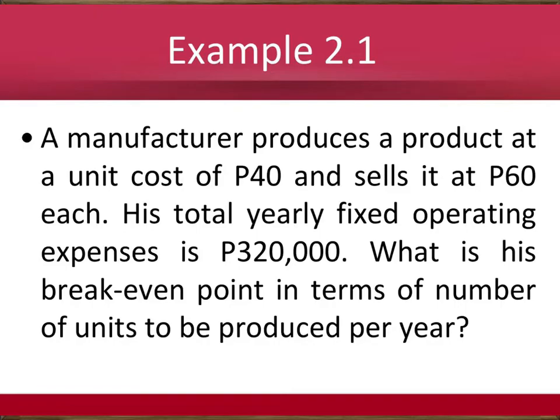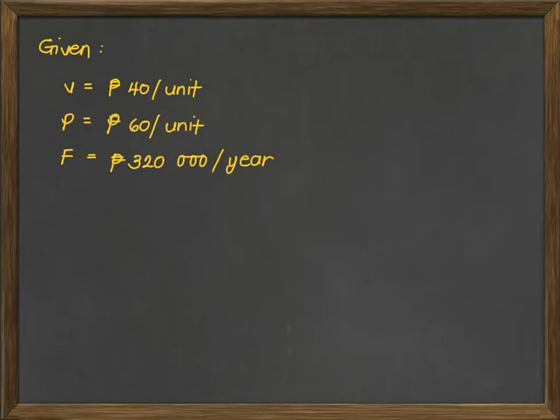Now, for our solution, we have the given information again that your variable cost is 40 pesos per unit, selling price is 60 per unit, and yung fixed cost is 320,000 pesos per year. We are looking for the break-even point in units in its annual form.